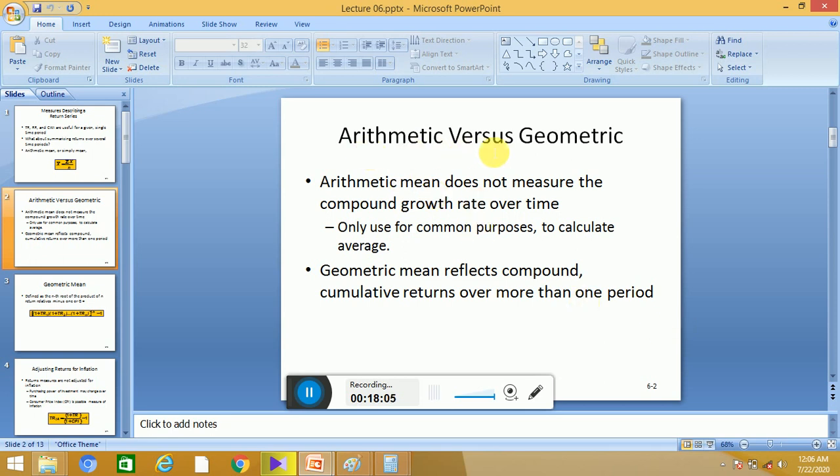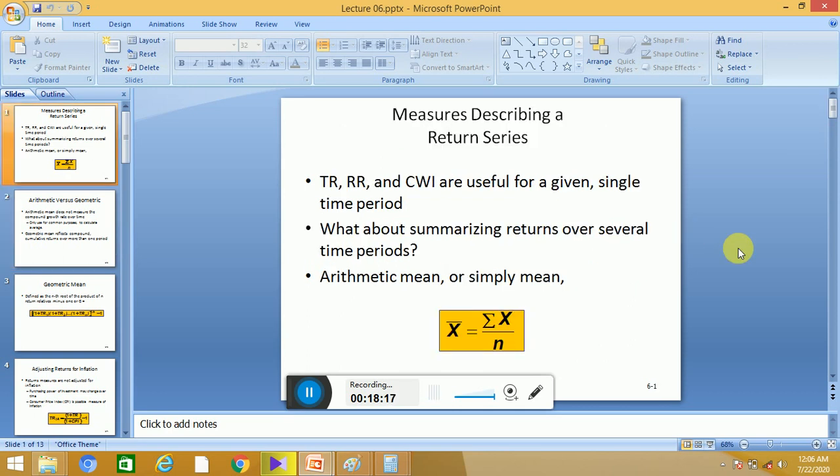Now, arithmetic versus geometric mean. Arithmetic mean does not measure the compound growth rate over time. There is a problem with arithmetic mean. You know about compounding, compound rate.